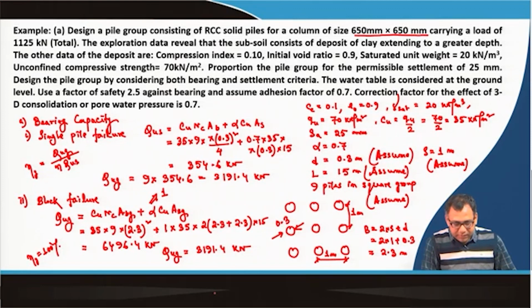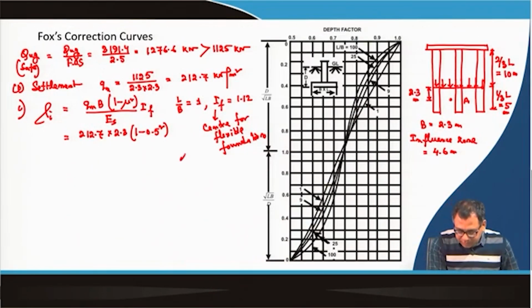Mu value is given in the problem, no, it is not given. So, for the clay we are assuming that mu value is 0.5, this is for clay.